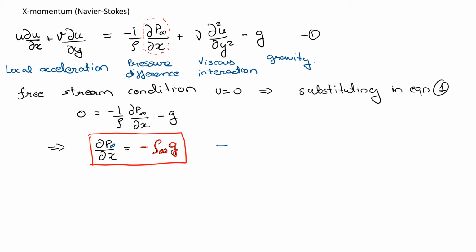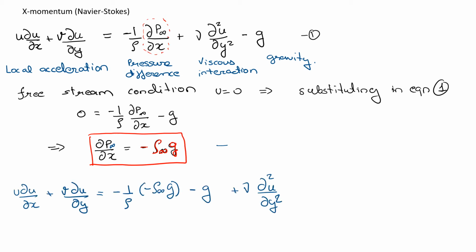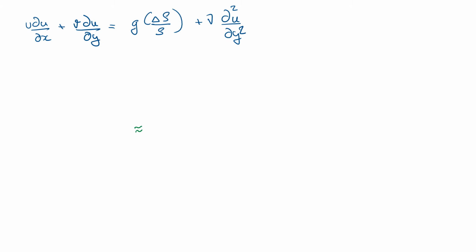Okay, so the equation that we'll get: on our left hand side, the first two terms will be the same. The only term that will change is this term right here. So we substitute minus rho infinity times g, and we have a rho in the denominator as well, and we also have a g which was originally there in the equation. Okay, so I can write this equation.